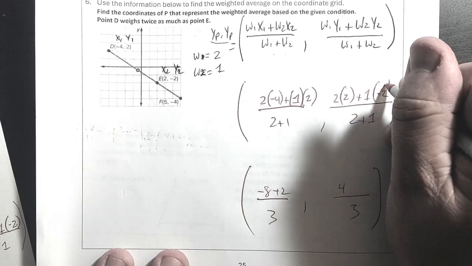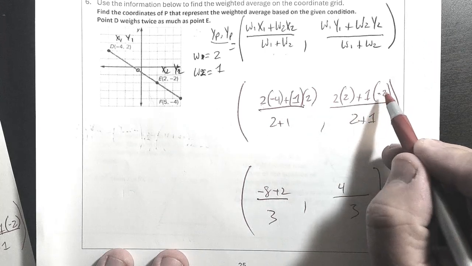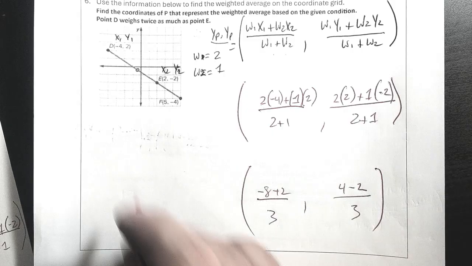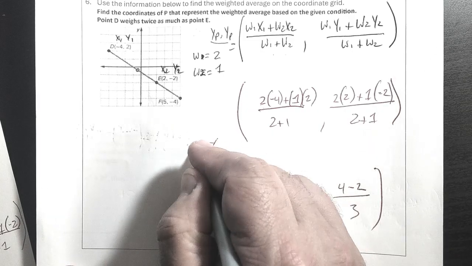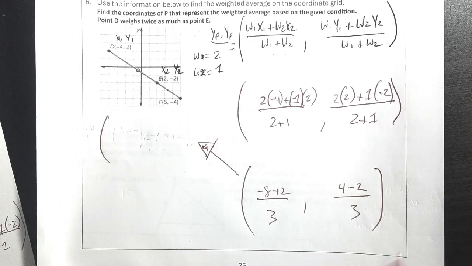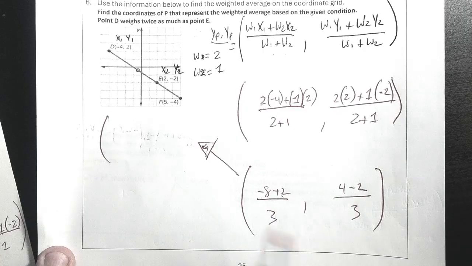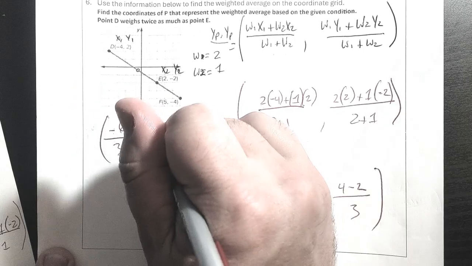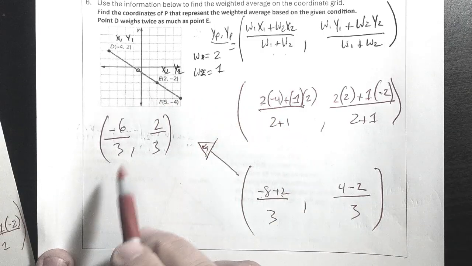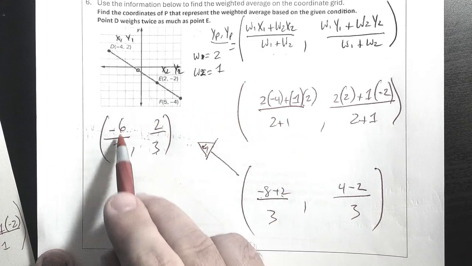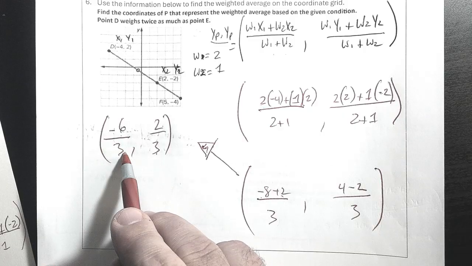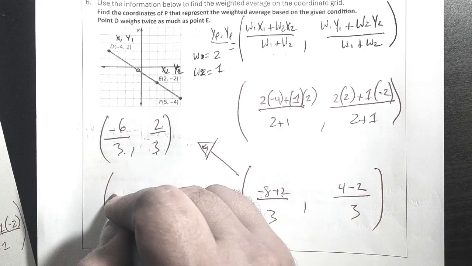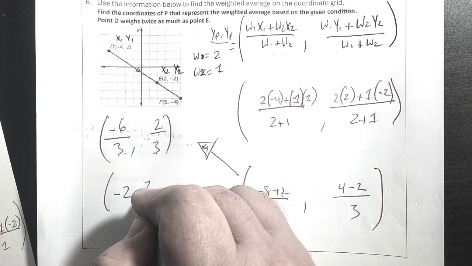And then over here, 1 times negative 2 is negative 2. All right, so negative 8 and a positive 2 is negative 6 over 3. Then 4 minus 2 is 2 over 3. This won't reduce, but this will. So 3 goes into itself 1 time, and it goes into negative 6 2 times. So that would be negative 2, and this is just 2/3.